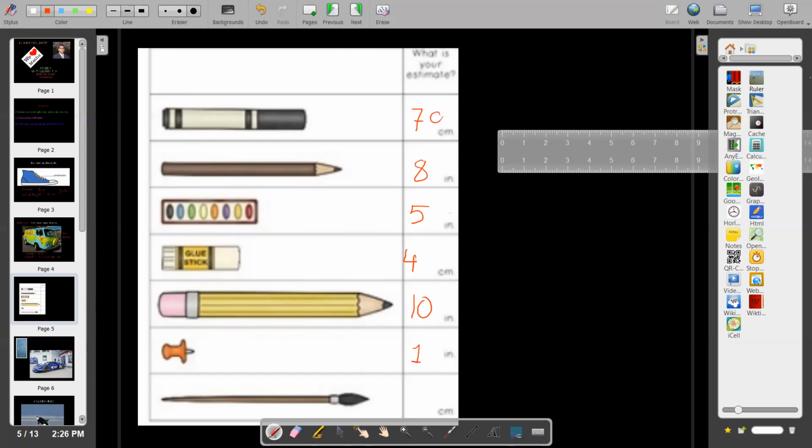Okay, we should write the unit here, centimeter. This brush is smaller than the pencil, so I can say it's 9 centimeters. Okay.